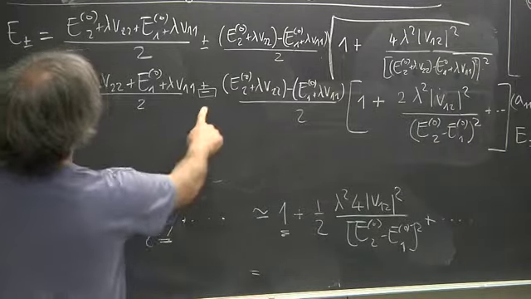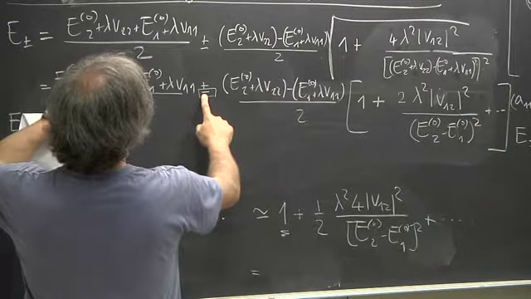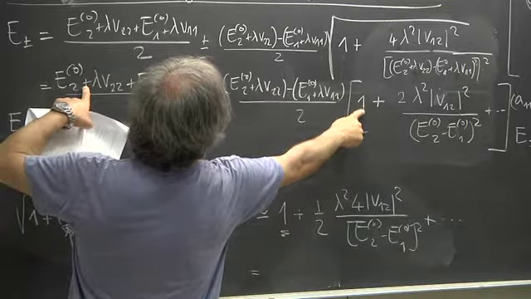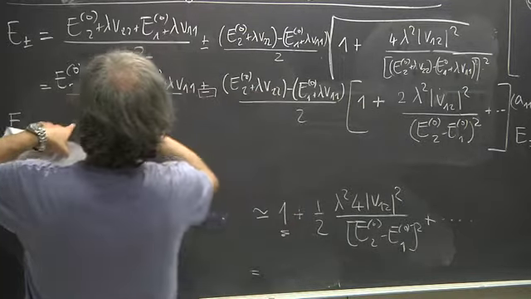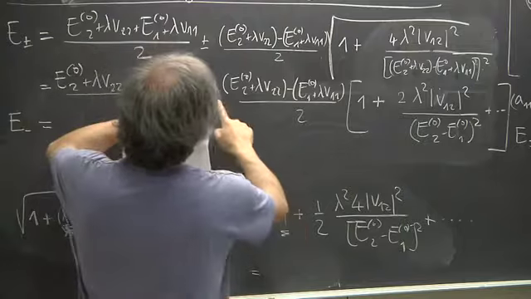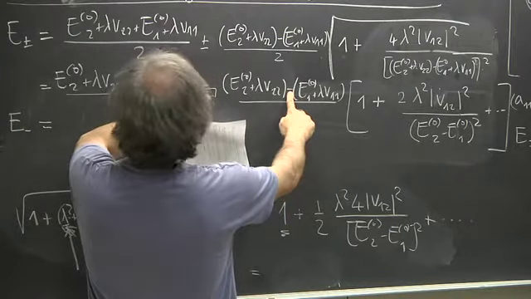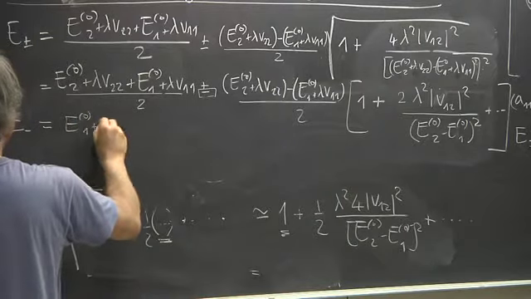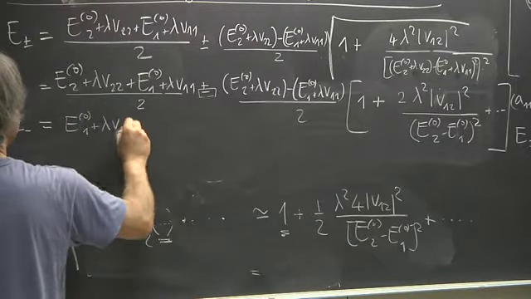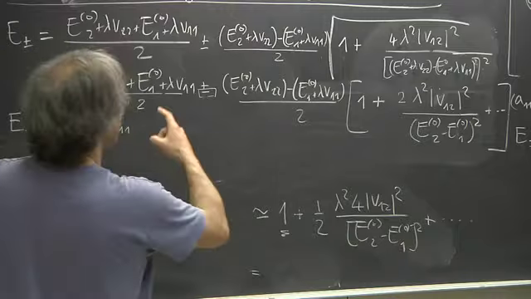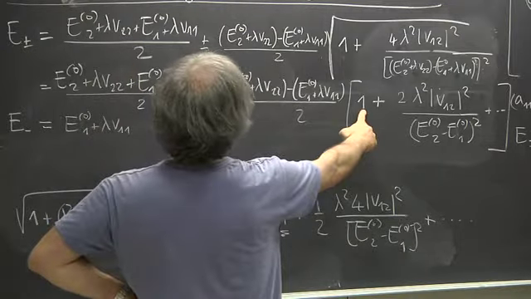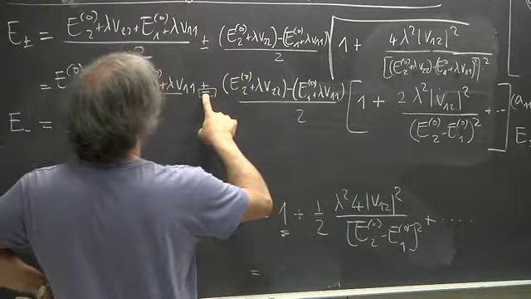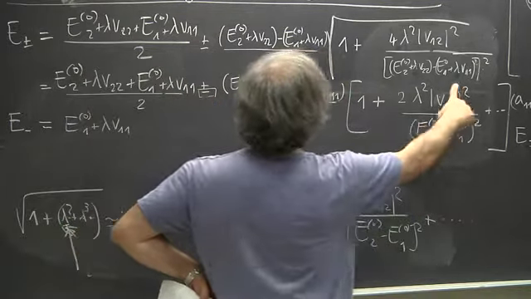I take the minus here, so I see that this and this piece, okay, remember there is a plus, a 1 here, so this and this cancel, while this and that sum together, okay? So it is equal to E01 plus lambda V11, okay, from the 1. But now I have also to include this minus this thing here, okay?